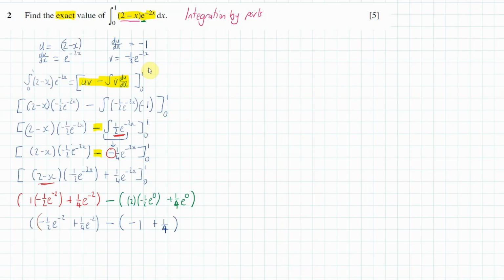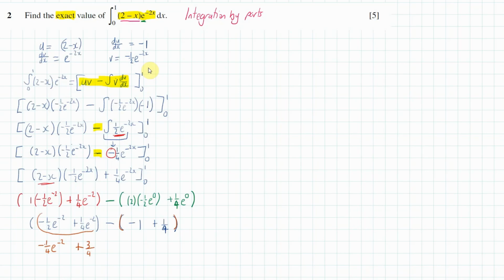So this bit here is going to be minus 1/4 e to the minus 2. And then we're subtracting everything in the bracket here, and that whole bracket adds to minus 3/4, so we could say plus 3/4.